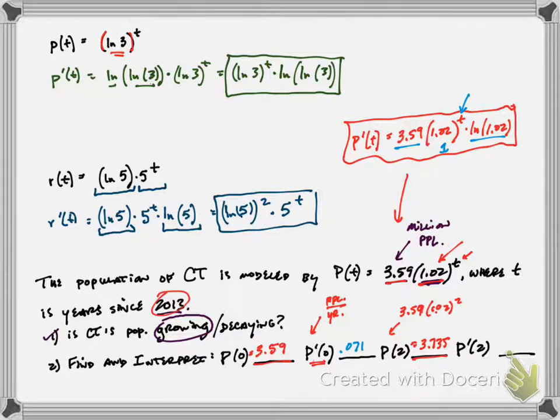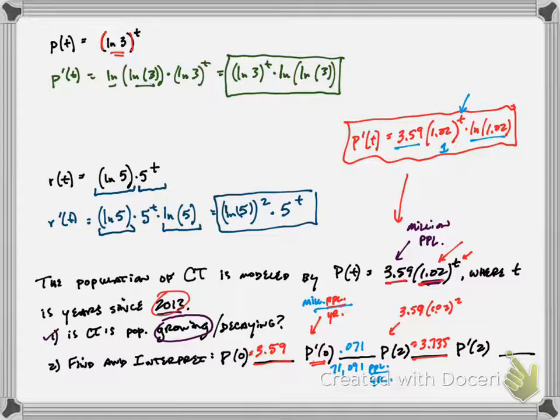Now, this again is, I said people per year. I should have said millions of people per year. And so 0.071 million, 0.071 times 1 million is 71,000 approximately. And you can be even more accurate, but I'd say about 71,091, double check me by using your own calculator, people per year.